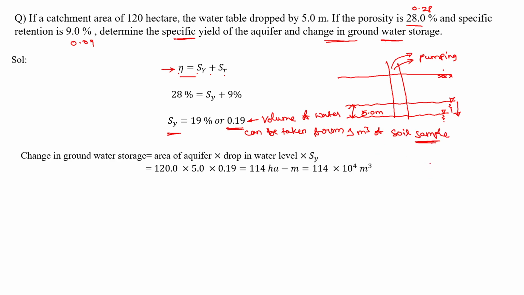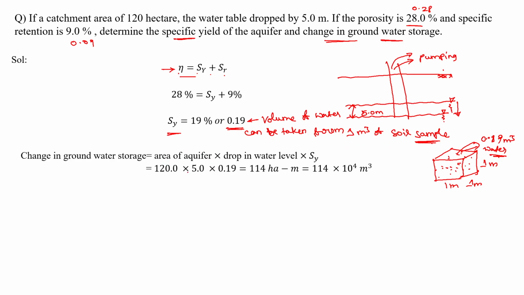If I have a 1 meter soil sample as shown in the previous slide, 1 meter here, 1 meter here, 1 meter here, and it is fully saturated, I am only able to take 0.19 meter cube of water. That is a property of this formation: it has the ability to give 0.19 meter cube of water from a 1 meter cube of soil sample.